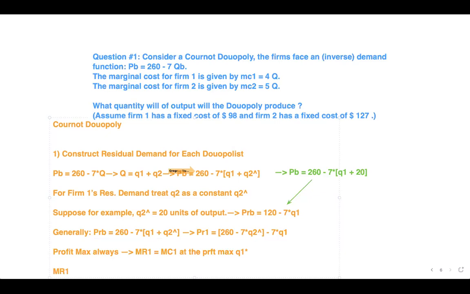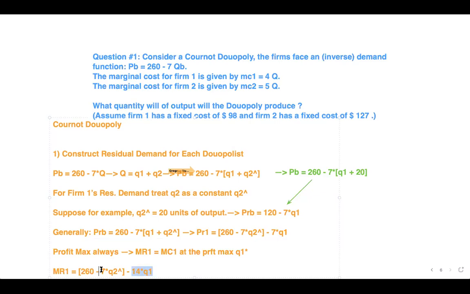So you could just say the marginal revenue for firm 1, given their residual demand, is, and I'll write that again. This would be based on total revenue with respect to output. But note that because everything is linear, you're just going to have 2 times the slope, right?